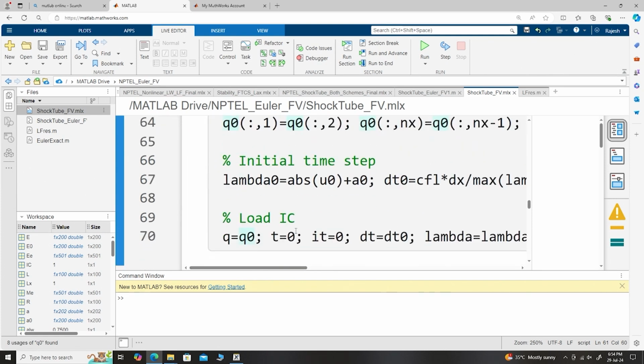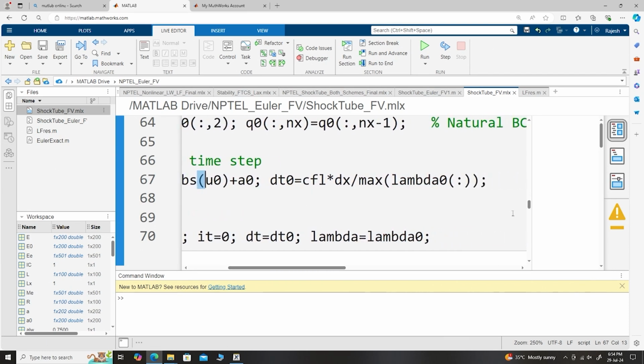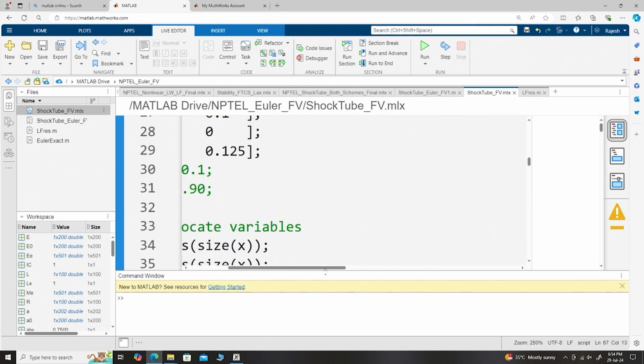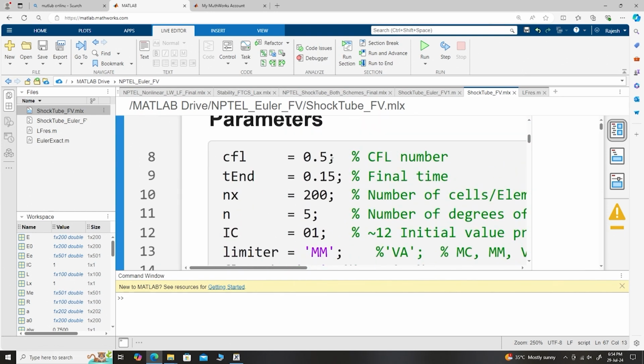These are the conditions. Now, we can use variable time stepping. So, calculate lambda, which is the total velocity, absolute u 0 plus a 0. Based on that, you can choose a CFL number. I think I have chosen around 0.45 or so. Let me just see. Yeah, I have taken 0.5.